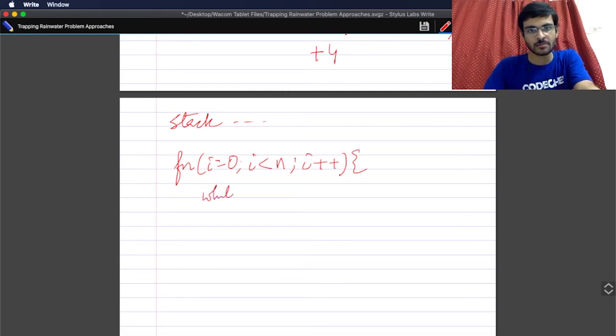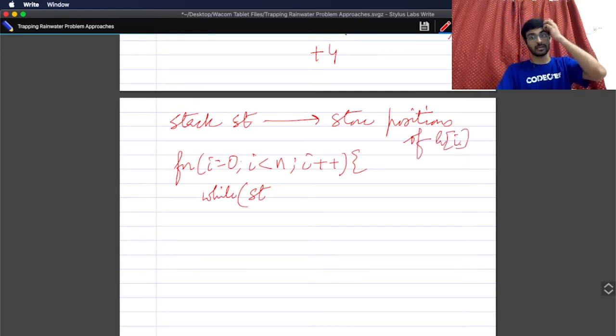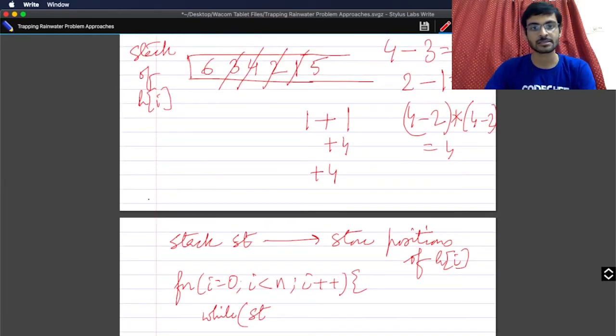That while the stack is not empty, and this stack, st, will store the positions. Okay, so we were storing the hi's, it will store the positions of hi. So they will all be unique, and from there I can also understand how to fetch the positions and subtract to get the distance. So what is my formula? First of all, my basic formula is going to be something like this.